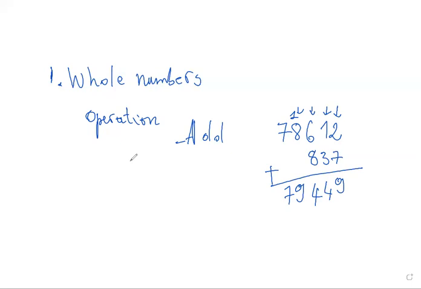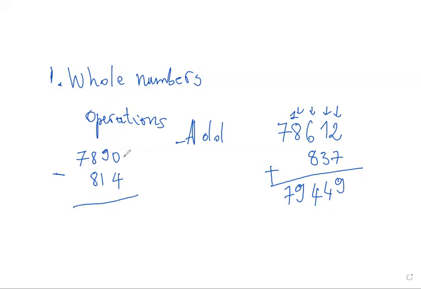So the other thing in operations is subtraction. When you add, you have to subtract too. In subtraction, it's the same system as addition, but there's one thing. Let's say 7,890 minus 814.